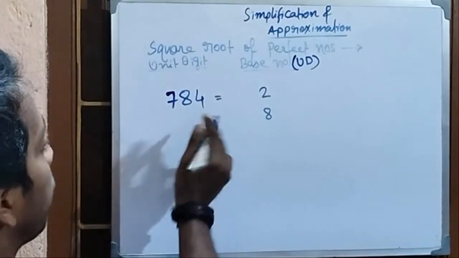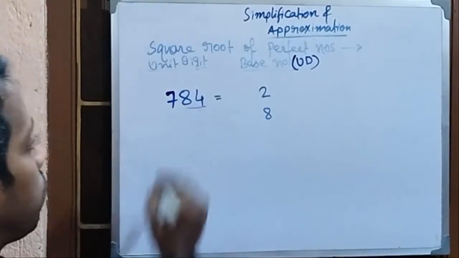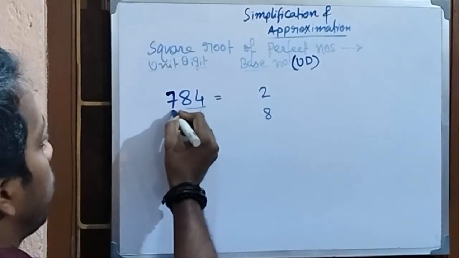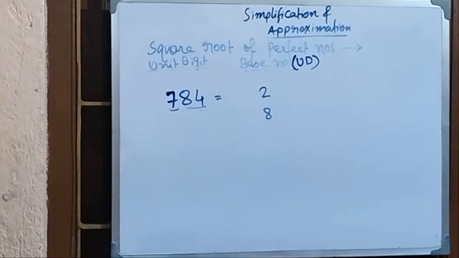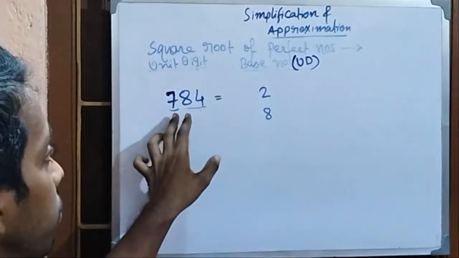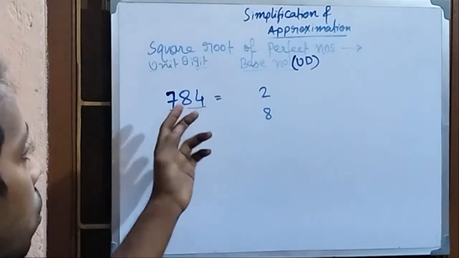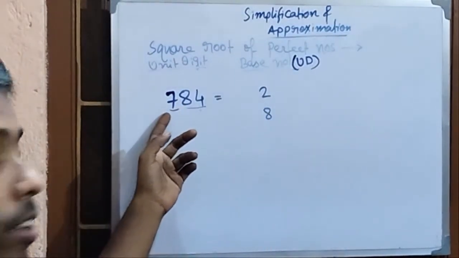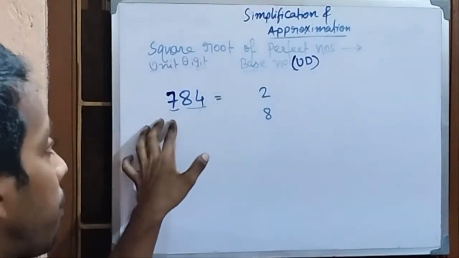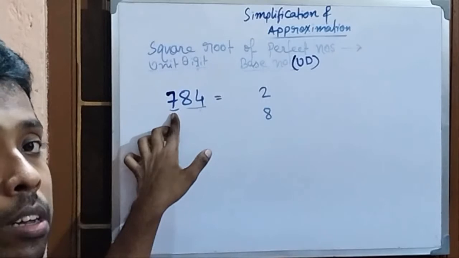Now for the square, 2 digits we will take at a time. Okay, that's gone. Now moving to this part, 7. Remember one more important thing: the square of any number close to this factor would be written down here, but that number should not cross this number.